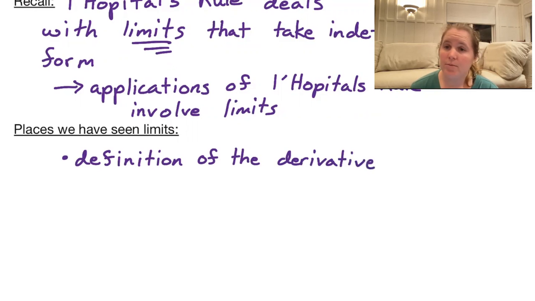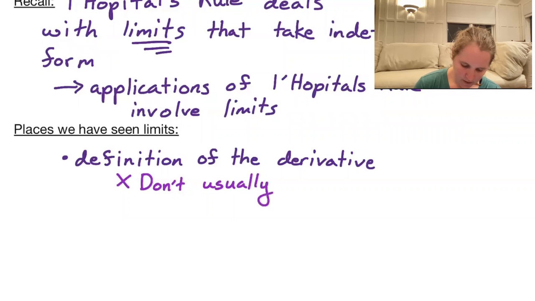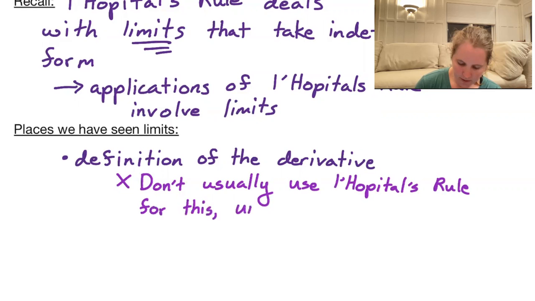This would be a rather strange place to use L'Hopital's rule, since L'Hopital's rule involves the derivative, and this is the definition of the derivative. So we don't usually use L'Hopital's rule for this, unless we're dealing with a function that we don't know how to take the derivative of otherwise.